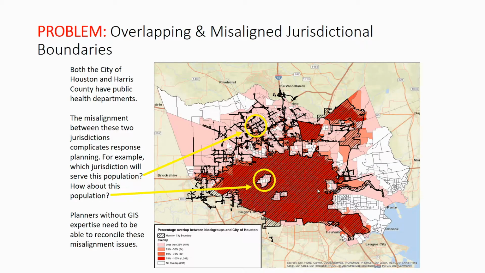For instance, it may be easier for the city of Houston to ignore that these islands exist, and then for Harris County to pretend that these little pieces of Houston don't really exist, thus resulting in a city of Houston for planning purposes that doesn't include islands and may include this entire area here, and then a Harris County that doesn't include any of the city of Houston but does include these pieces here where the small fingers of Houston extend into the county.